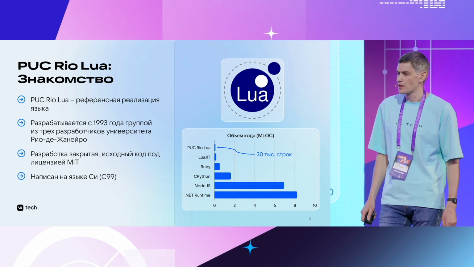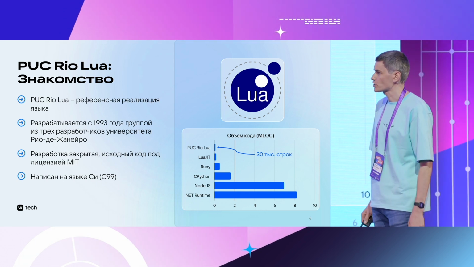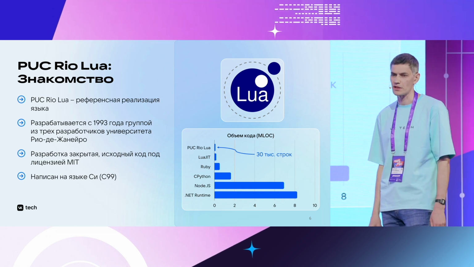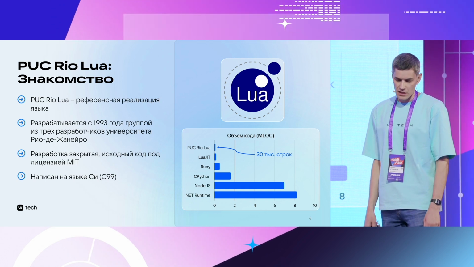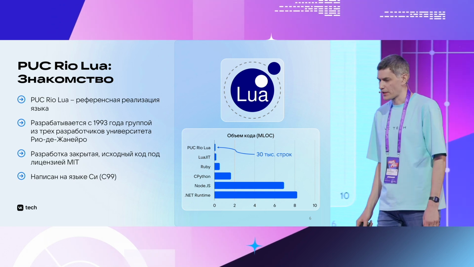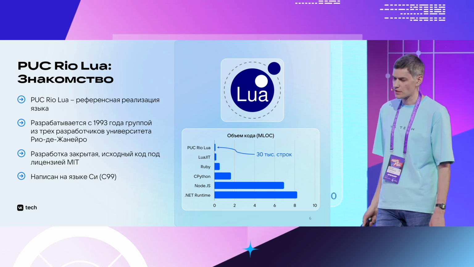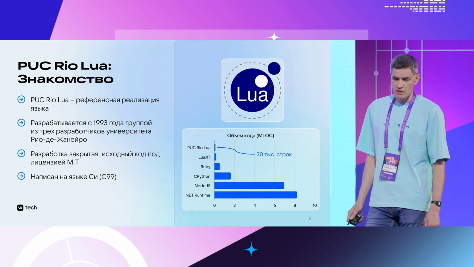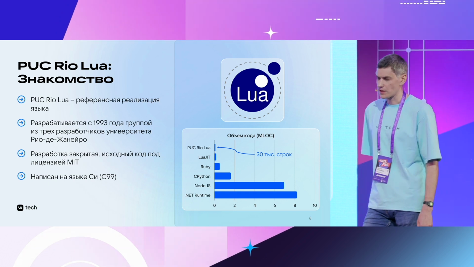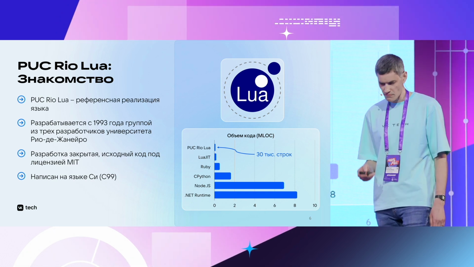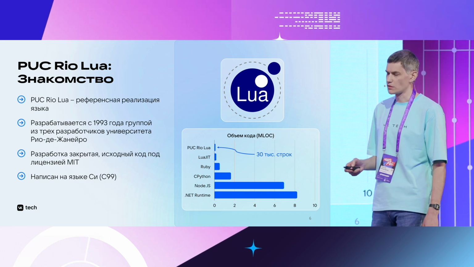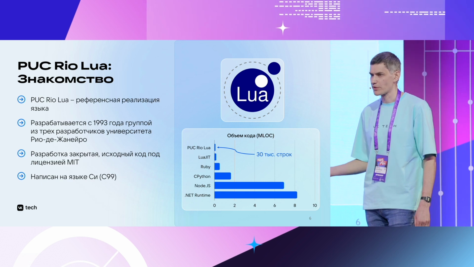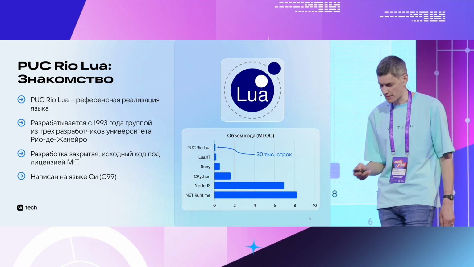Here's a project. You see Real Lua, a reference implementation. It started in 1993 and has since been developed by a team of 3 developers at the University of Rio de Janeiro. It's a proprietary development, but it's available under an open license. The project's own development language is C. I'll be referring to this implementation as Lua.